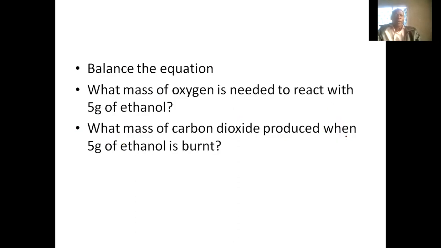And so the first part is that they want us to balance the equation. As we have indicated, we have ethanol, which is a liquid, which reacts with oxygen.